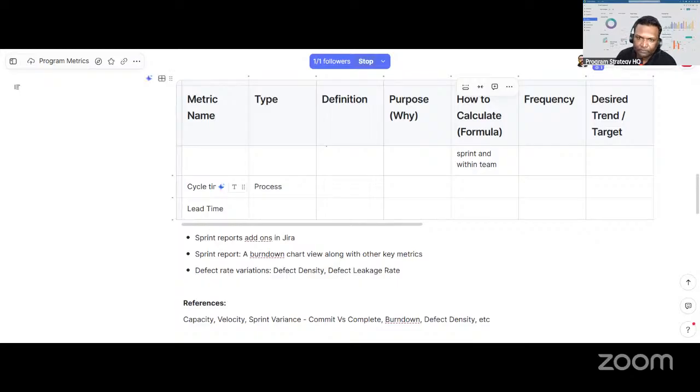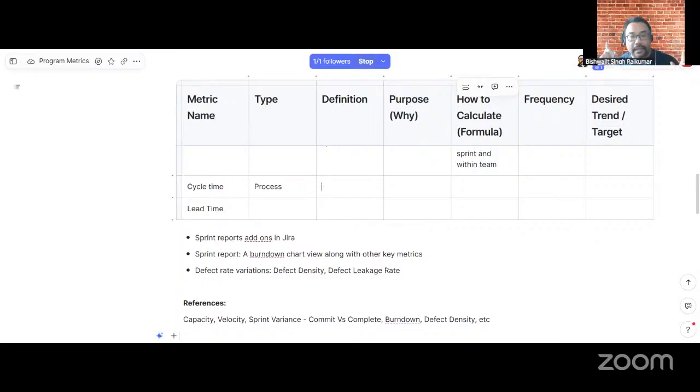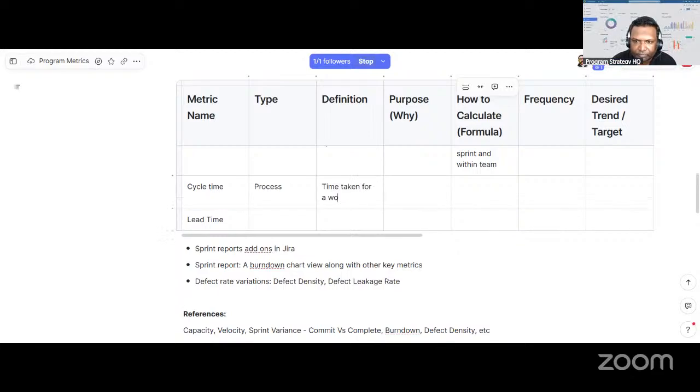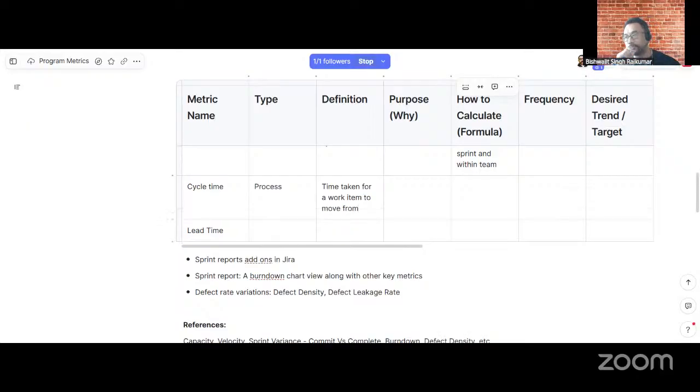Definition of cycle time and lead time. Cycle time is the time taken for a work item to move from in progress to done state.